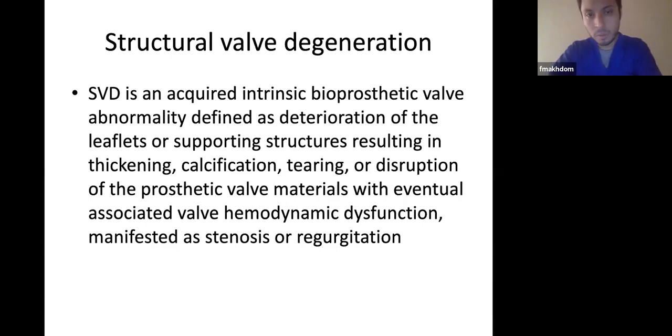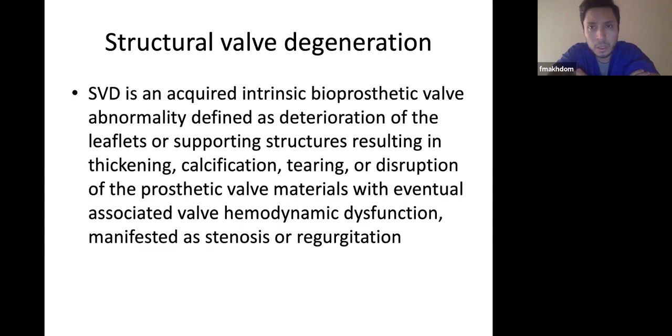You have to have valve dysfunction, right? Intrinsic valve dysfunction. So it's not paravalvular leak, and it's not endocarditis, and it's not patient-prosthesis mismatch. We have to have clear separation lines between those three or four conditions.